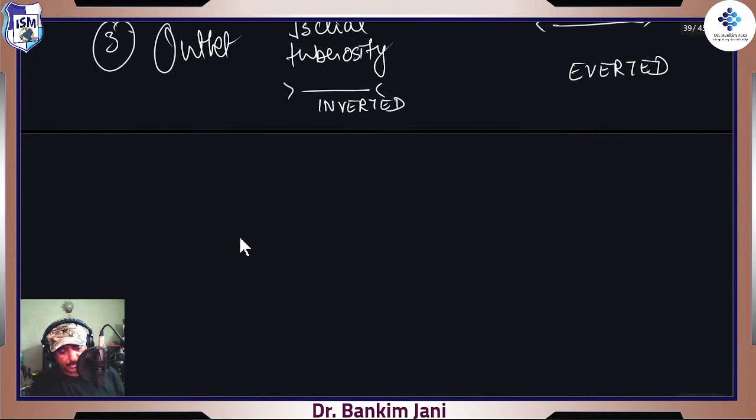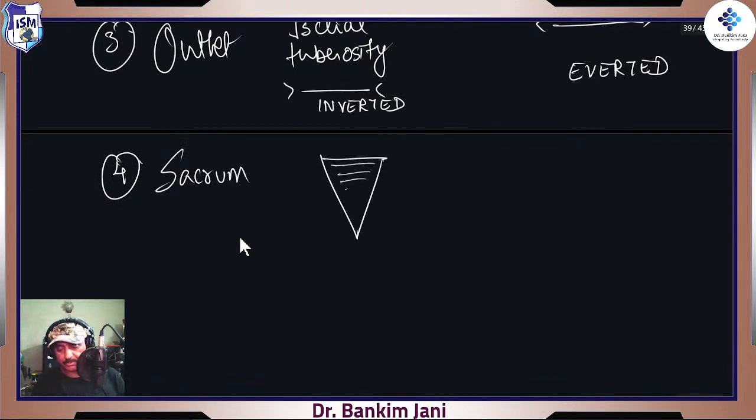The rest of the things are pretty quick and easy. The sacrum, we talked about it. In the male, the sacrum is triangular but narrow, while in the female it is wider.